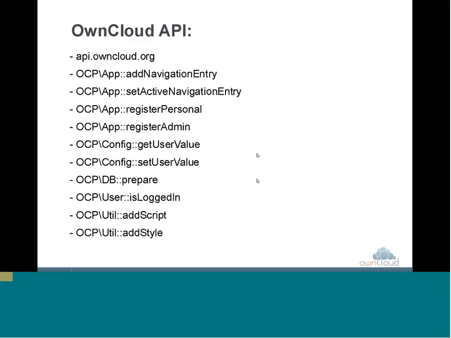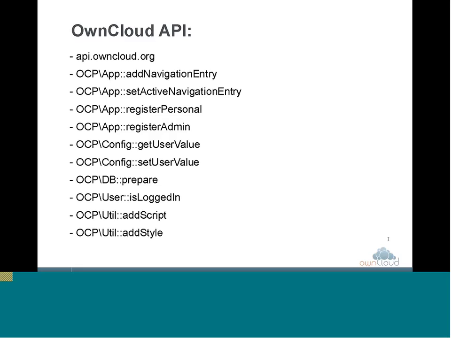As you can see, they all start with OCP. OCP means ownCloud public, which means that those are all classes and modules that are public, so they're all accessible for third-party apps. There are other internal classes and functions and constants and so on. They're only called OC, and those are only internal ones and you can't use them.